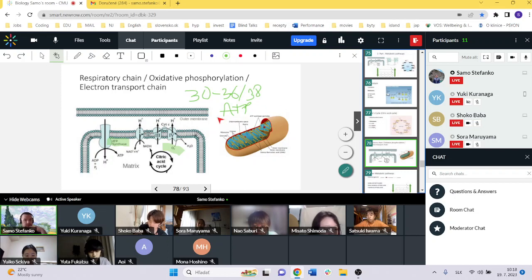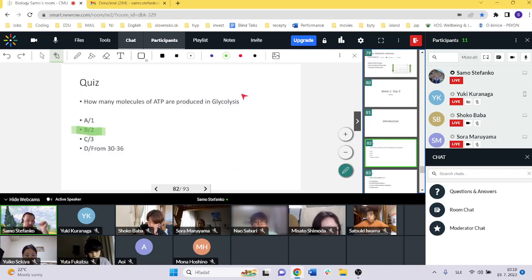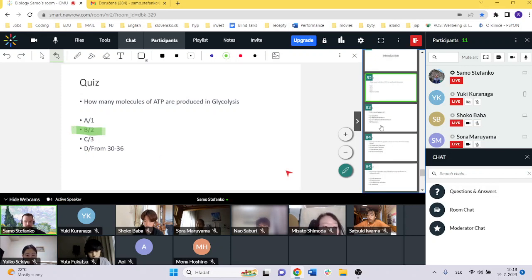Nevertheless, it is very helpful already for you to have an overview because some questions like this can also occur in admission. Okay, but very well. In glycolysis, we count that we have two molecules of ATP produced. Okay, very well.